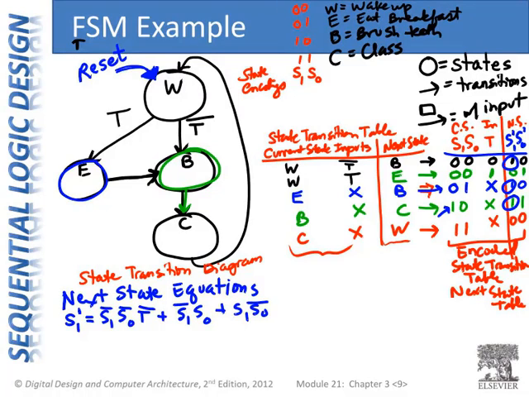So you could pop this into a K-map, or we can take a look at it otherwise and see that, okay, well, I could use covering here between these two terms, for example, to get rid of, in this case, the S0 term.